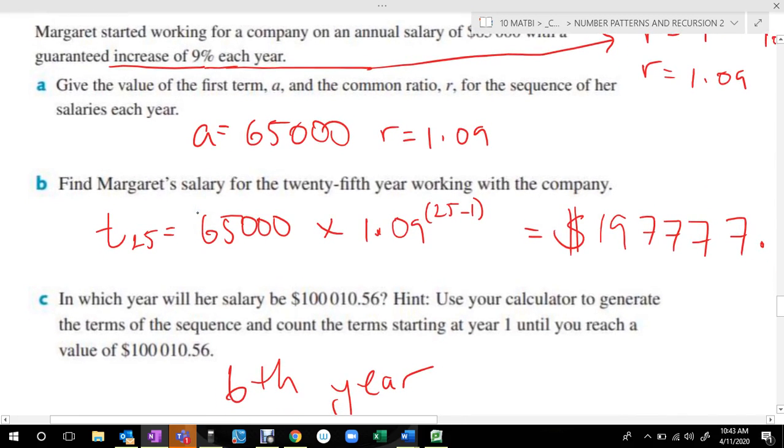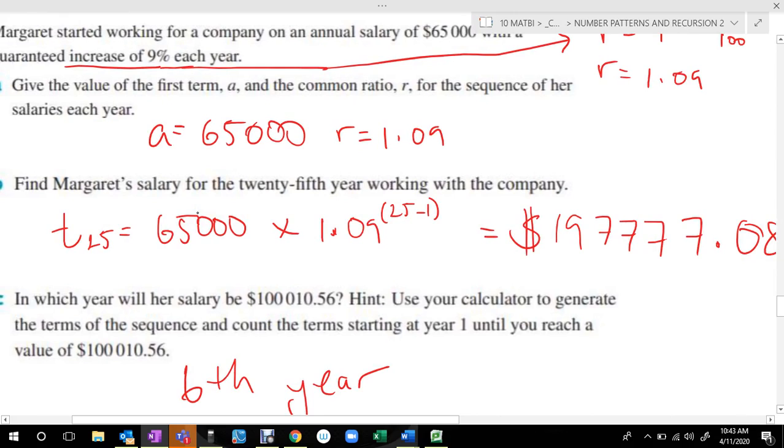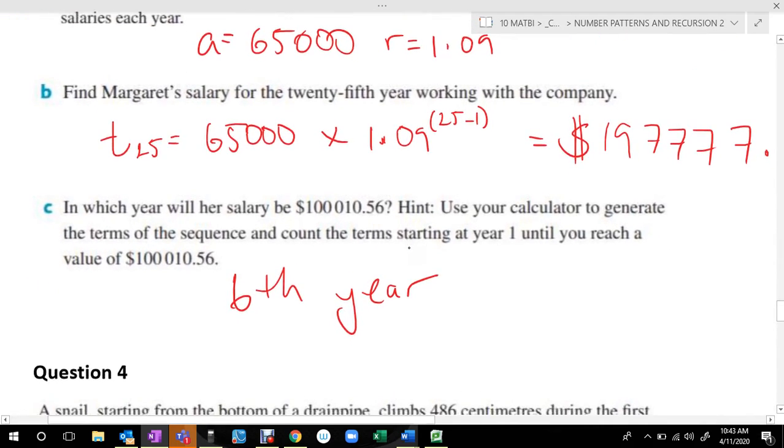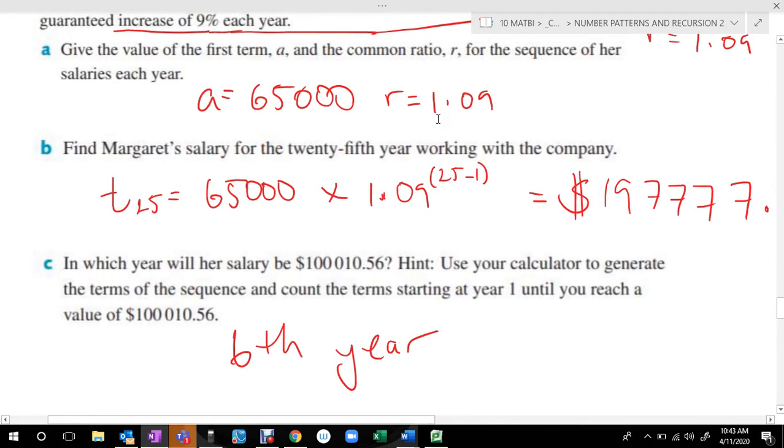So that means instead of using V0, we're going to use the first term, because it's her first year at work. Okay, does that make sense? First year at work. Just make sure you understand that. So we know the first term is that, and then the ratio is that.